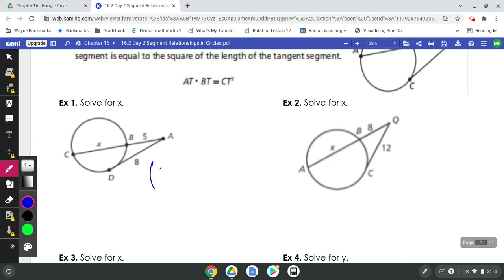So the entire secant, 5 plus x, times the exterior part, which is 5, equals tangent squared, so 8 squared. So 5 times 5 is 25, plus 5 times x is 5x, equals 8 squared, 8 times 8, which is 64.